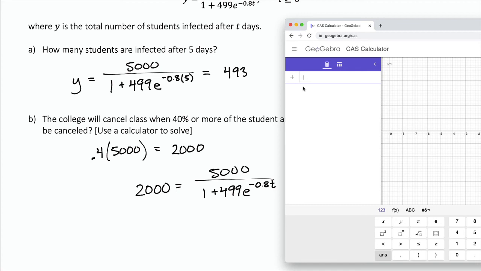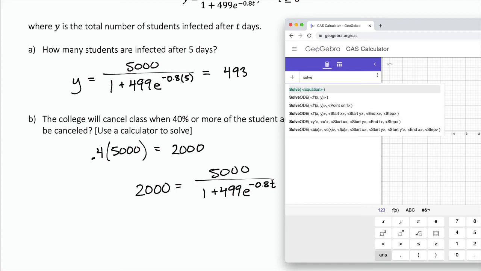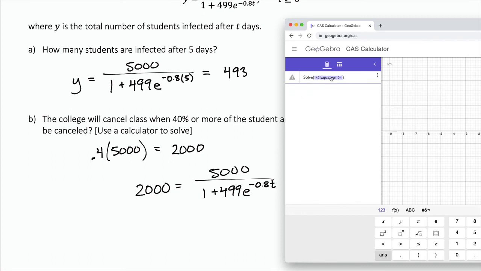We're going to type in solve, and then we type the equation: 2,000 equals 5,000 over 1 plus 499 e raised to the negative 0.8 t.